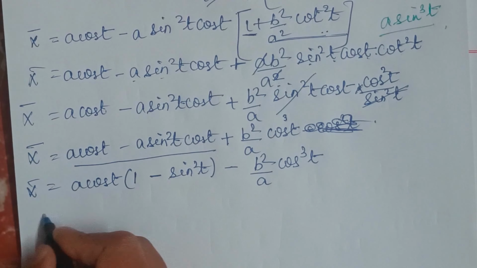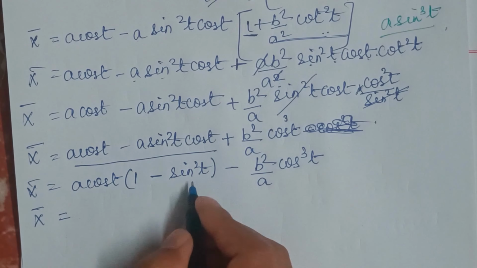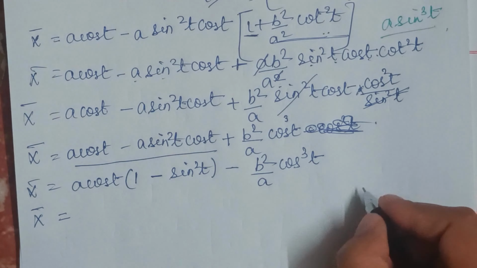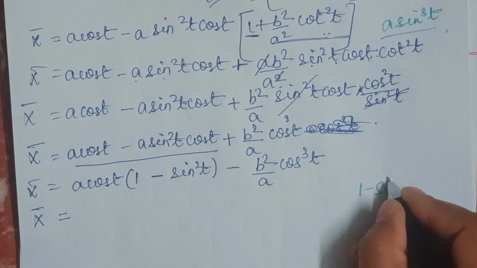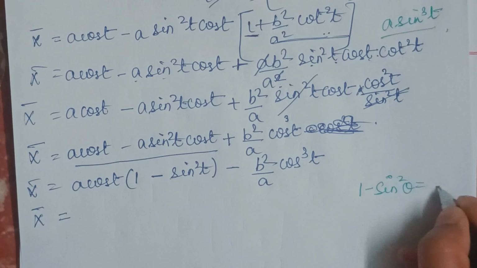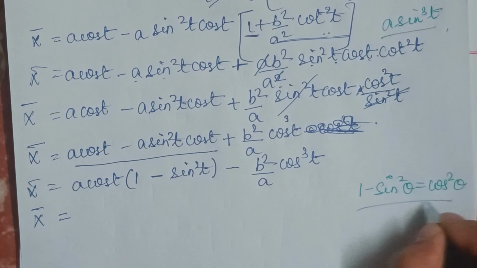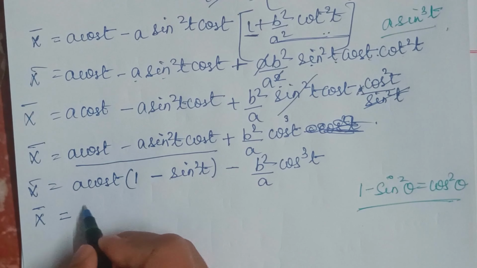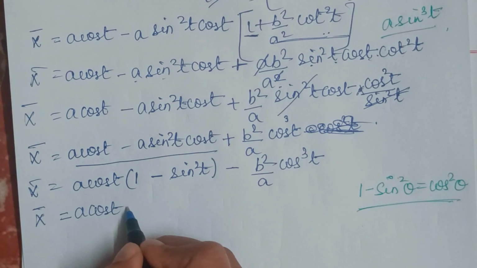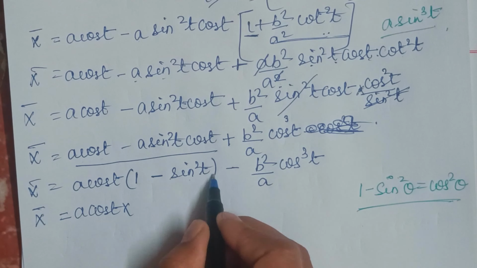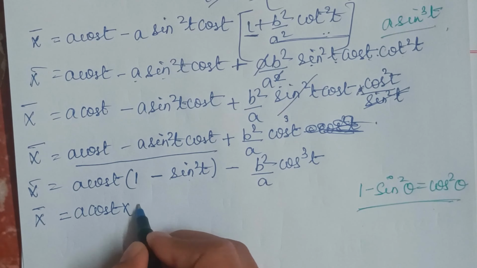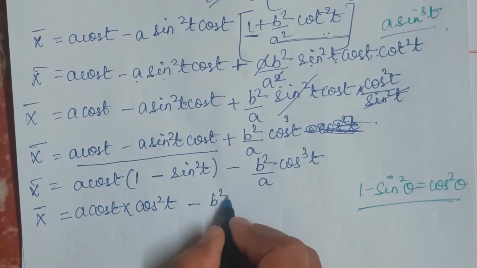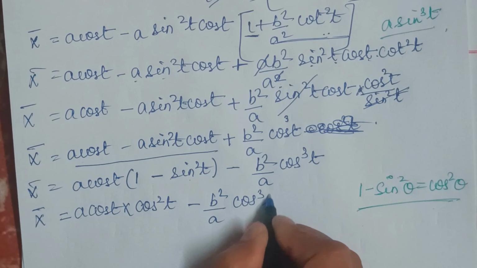Clear till now? So I will just write it. We know the formula 1 minus sin square theta is nothing but cos square theta. Using this trigonometric identity, a cos t into 1 minus sin square t, I can write it as a cos cube t minus b square by a cos cube t.